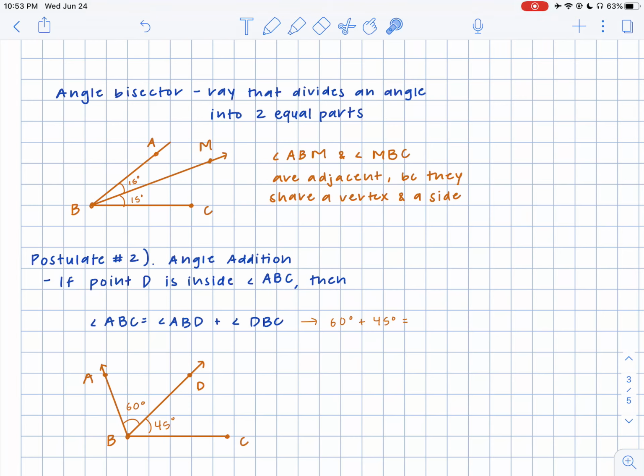It says here, angle ABM and angle MBC are adjacent. Now, adjacent is just a fancy word to say next to each other. They are adjacent because they share a vertex. In this case, the vertex is B. And I just want to remind you that a vertex is where two rays meet or where two line segments meet.